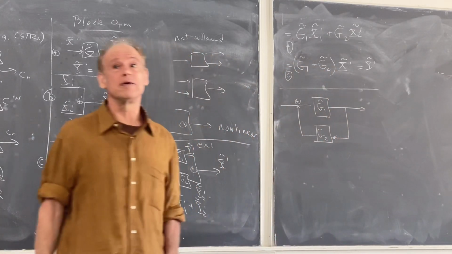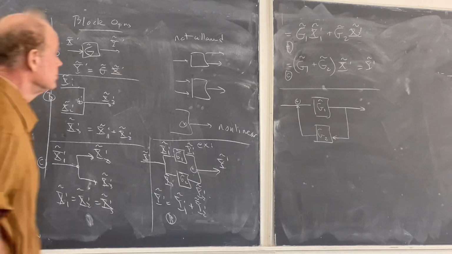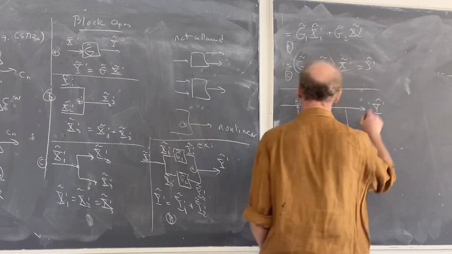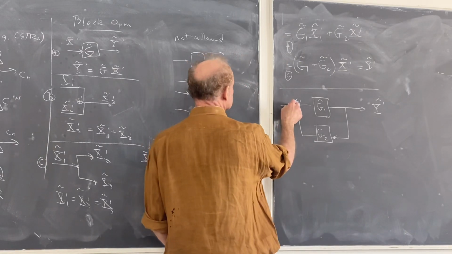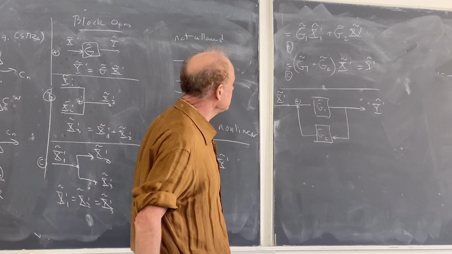Okay, let's look at this one, where this is going to be Y. And obviously this is going to be X. And I need to number things.